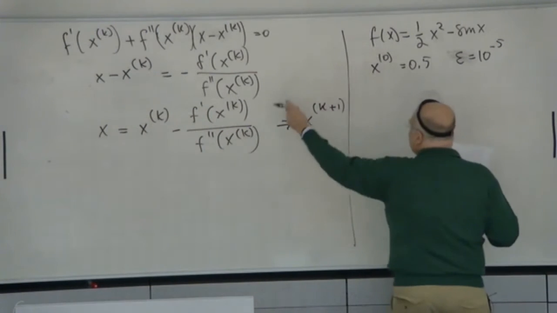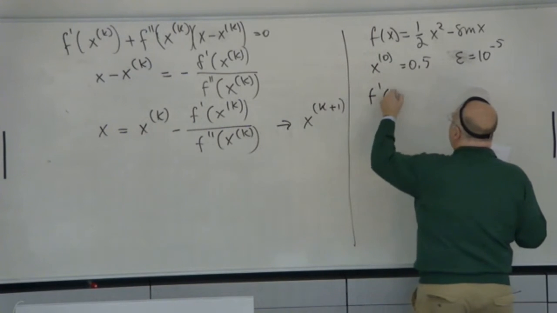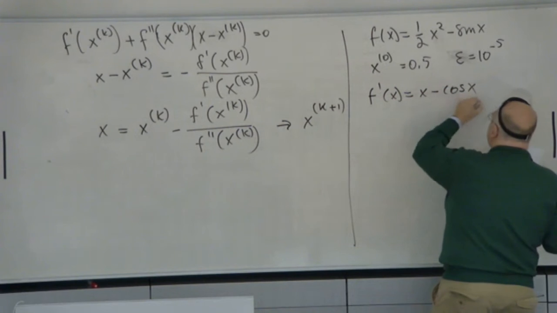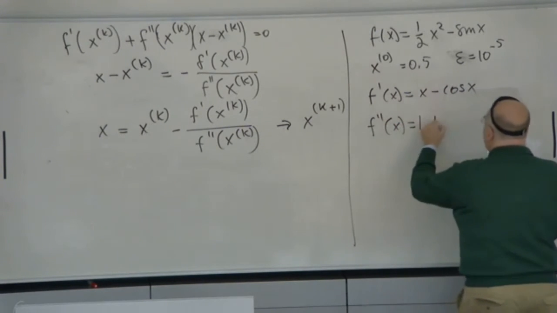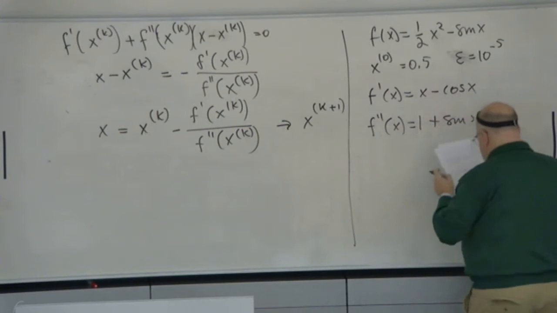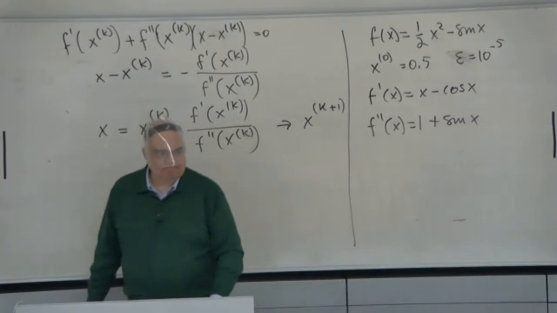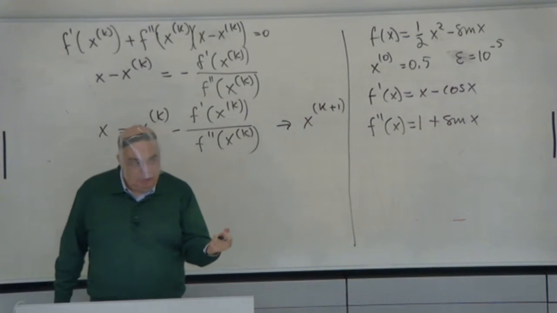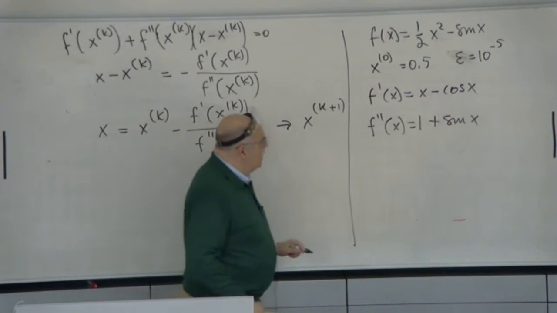Of course, we need the first derivative and the second derivative. The first derivative, f prime of x, is x minus cosine of x. And the second derivative is 1 plus sine of x. That is, we are relying on our knowledge of mathematics, okay?